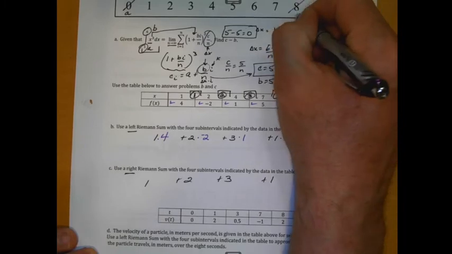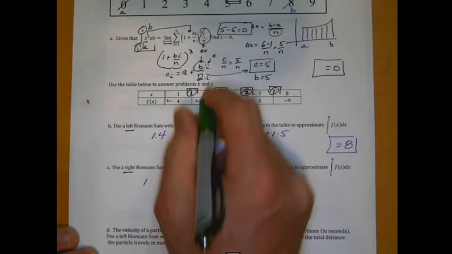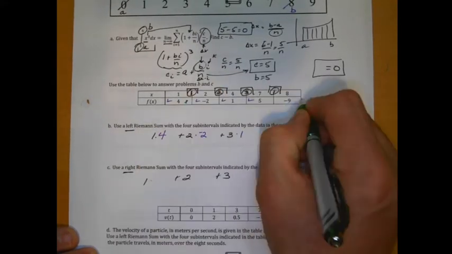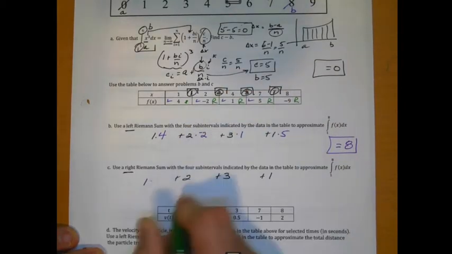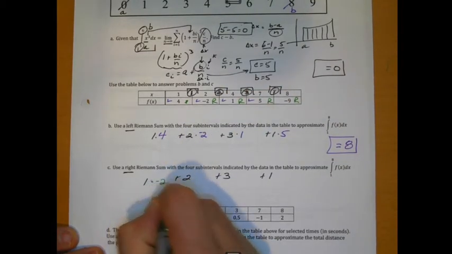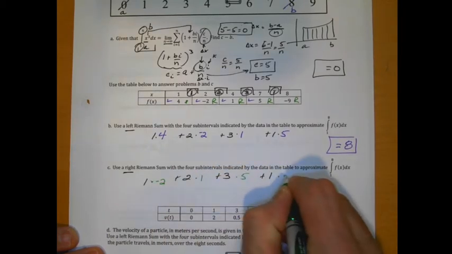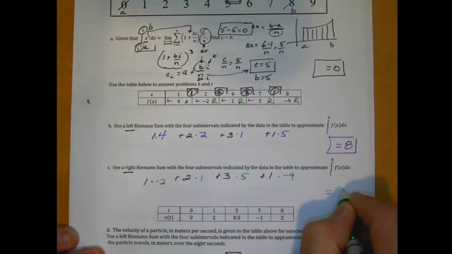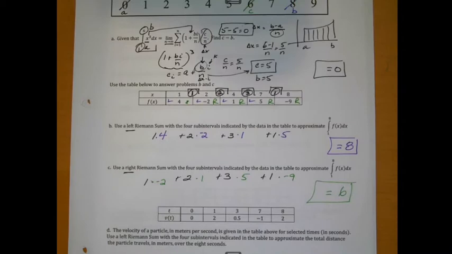So 8 is B. Let's do the right. So the right is going to be the values to the right, times negative 2, times 1, times 5, times negative 9. And this answer, I know, comes out to be 6. So there is our C.